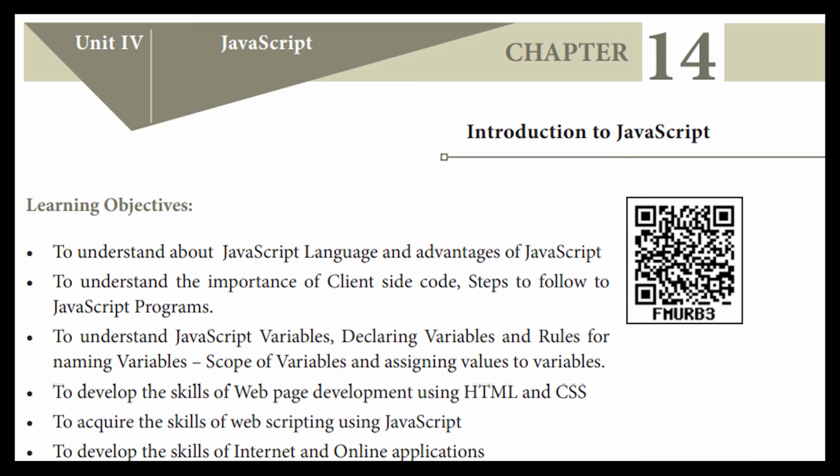Another important topic is JavaScript operators and expressions. In JavaScript operators, you'll have arithmetic, relational and logical operators. Arithmetic you all know: addition, subtraction, multiplication, division, modulus. These are all the arithmetic operators, right?